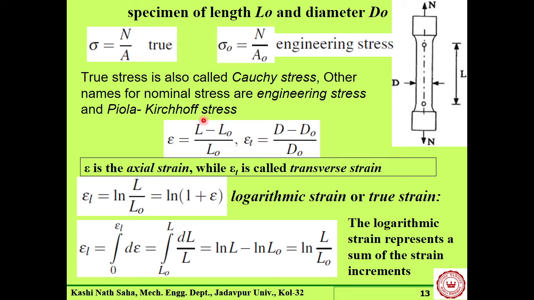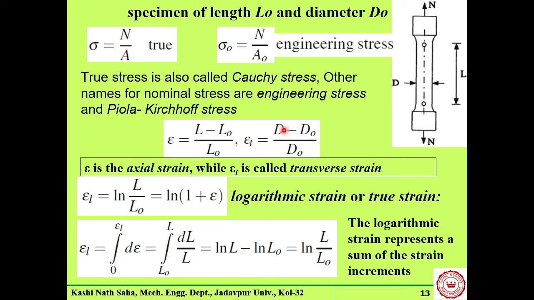Understand this is the true stress, this is the engineering stress, this definition is understood. This is our engineering strain, this also we can measure. From diameter, this is a transverse strain. This is what we use to measure Poisson's ratio.